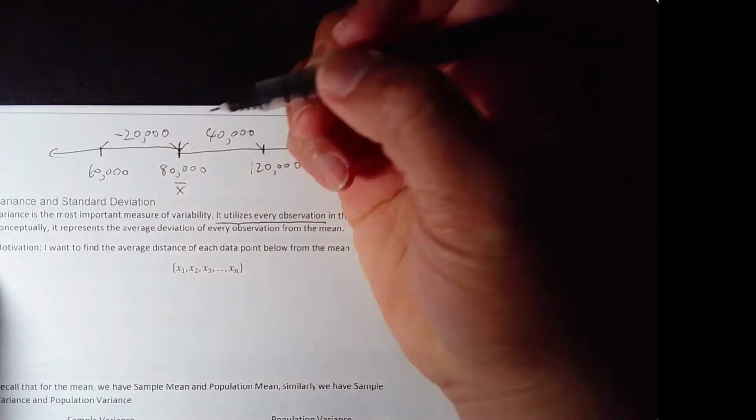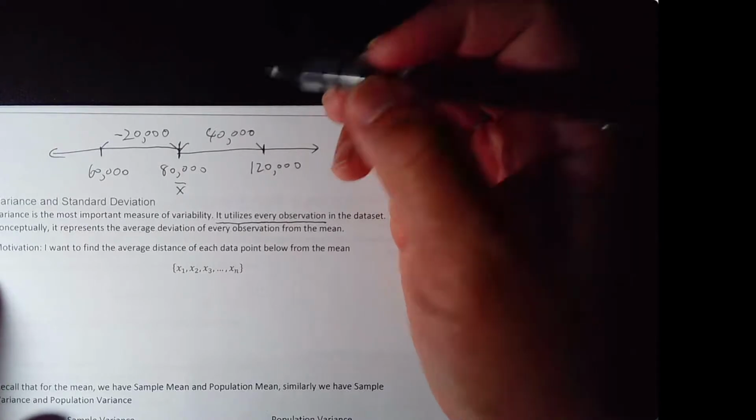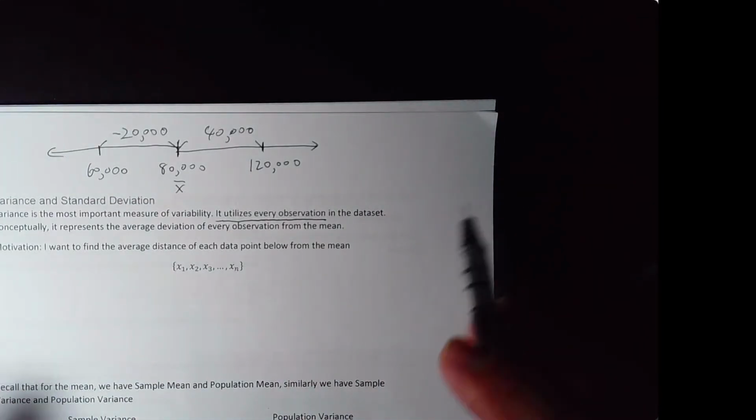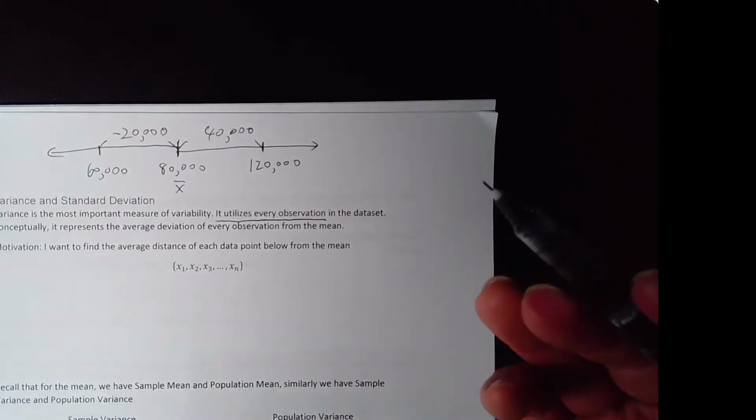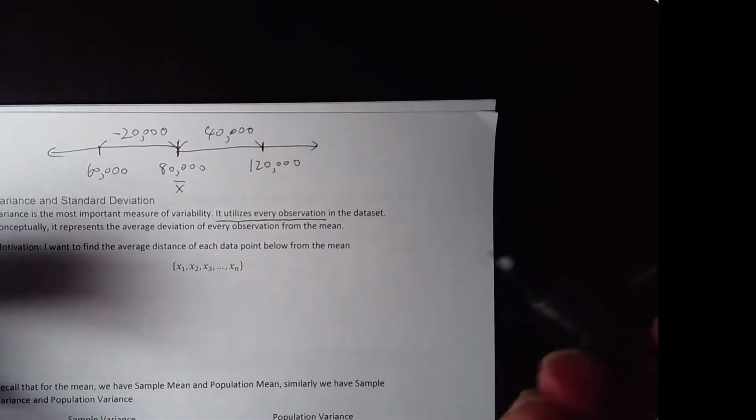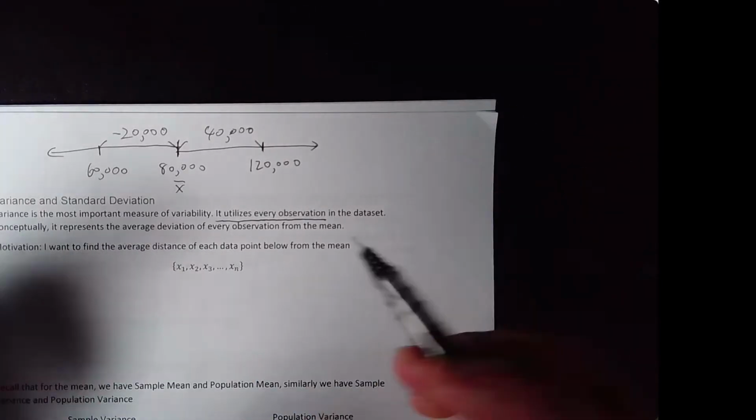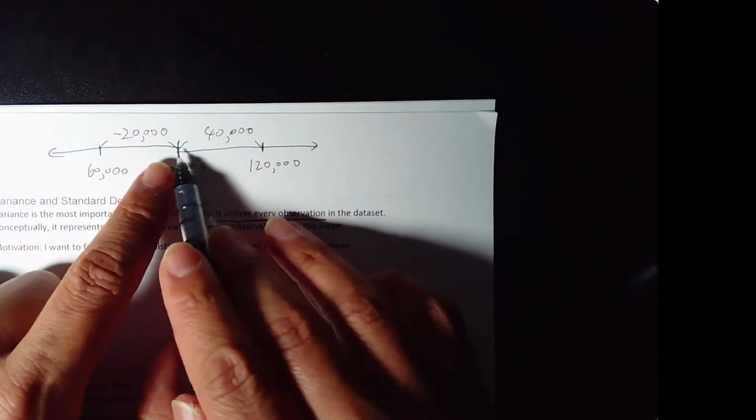Yes, it is minus 20, but let's say I don't care about that. Let's say that all I care about is how the income is distributed. I hope you can see how that might be useful. A population with a very small deviation, we will consider that more equal.